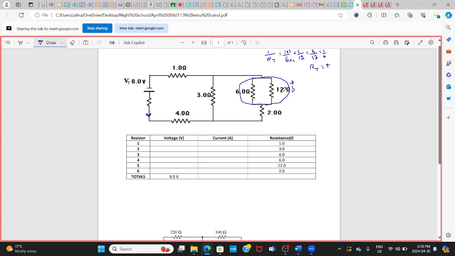Can one of you tell me, is it 4 ohm and 2 ohm connected in series or in parallel? It's like 4 ohm, and here is 2 ohm, right? Are they series or parallel?